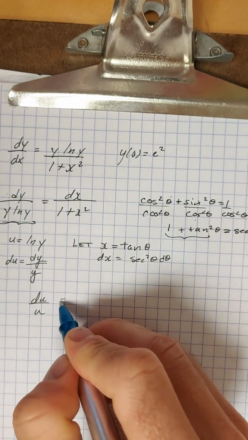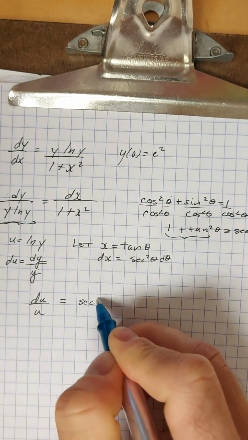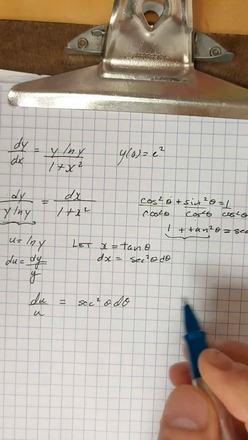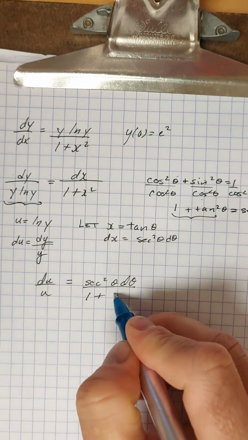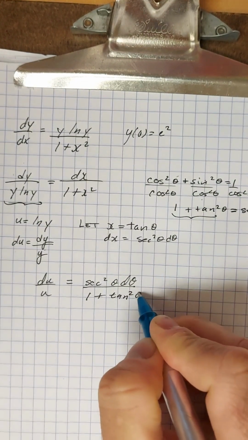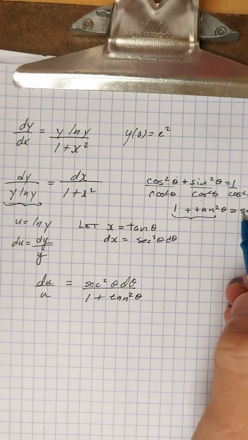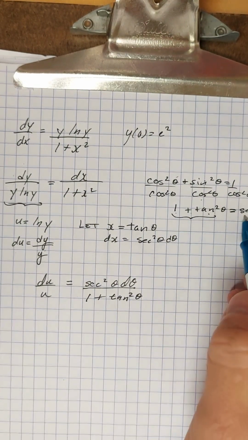So this becomes equal to secant squared theta d theta divided by 1 plus tangent squared theta. And just like you noticed over here, 1 plus tangent squared theta is secant squared theta.